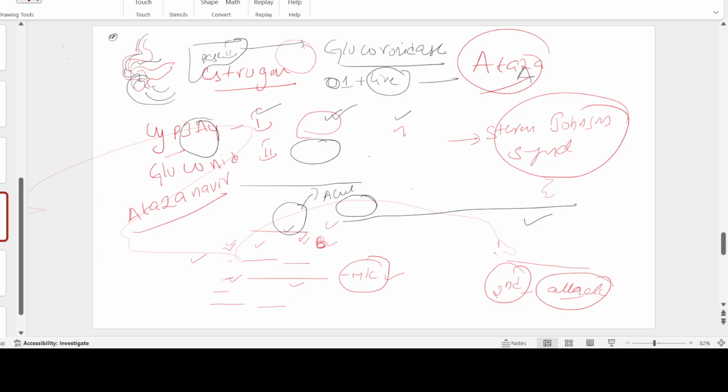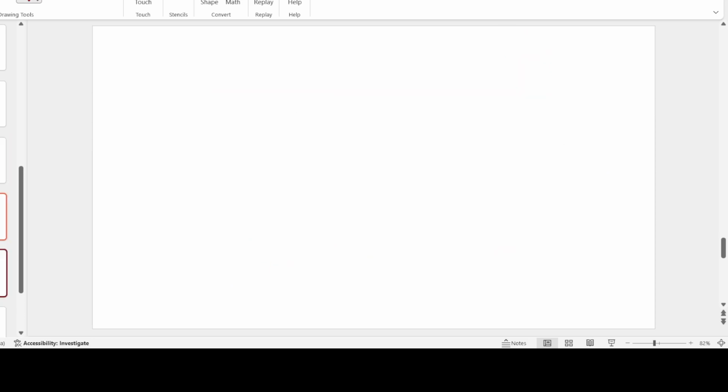Now, what is it trying to tell us? I have already given an example. Say this is a drug, and this is the intestine. You have estrogen.